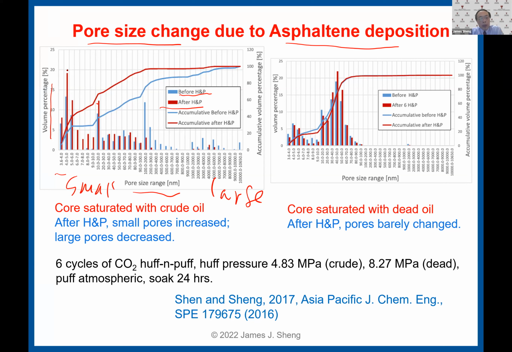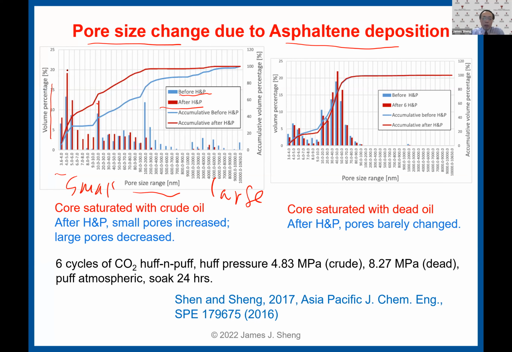That is caused by deposition, because it is easier for the CO2 to go into the larger pores and contact the oil, and then S14 is deposited there. Then you produce the oil from the large pores, and oil in the small pores contributes to the large pores. Therefore, S14 deposition in large pores is more serious than in small pores.